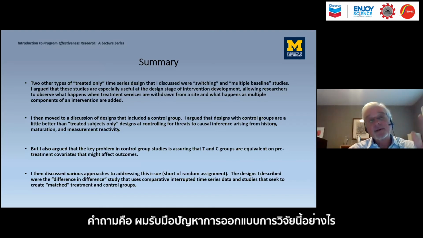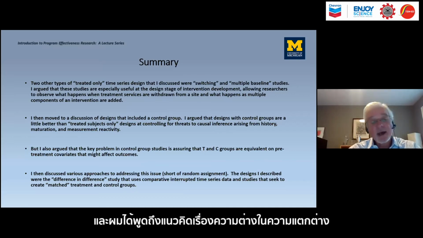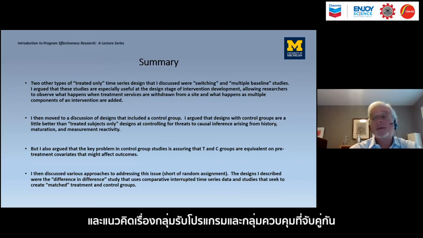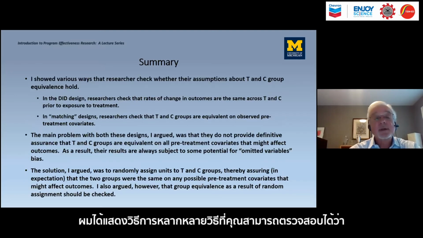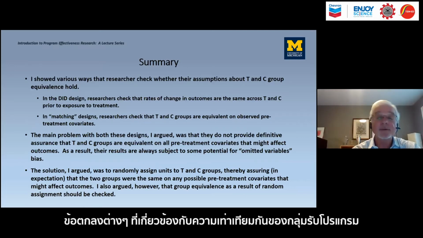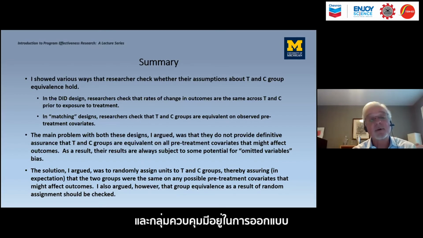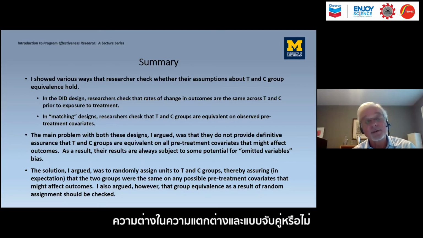And so the question is, how do I address that problem in research design? And I discussed the difference in difference approach and the matched treatment and control group approaches. I showed various ways that you can check whether assumptions about treatment and control group equivalence hold in both the difference in difference design and in matching designs.